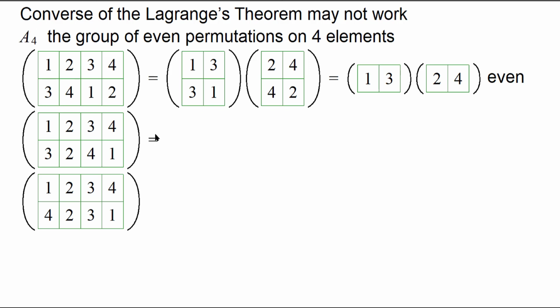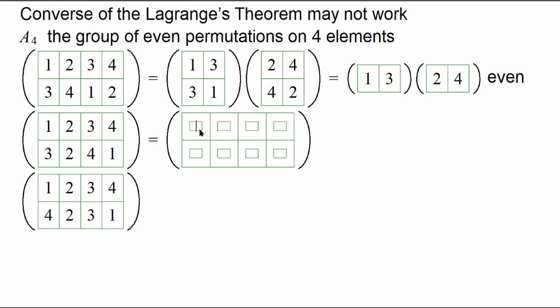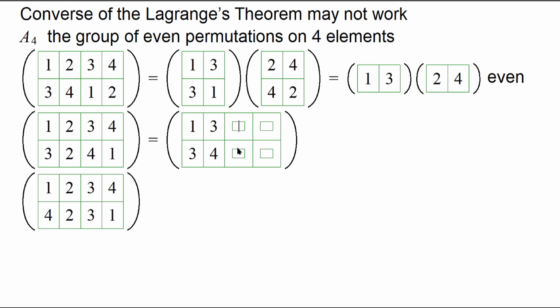Now let's look at this one here. We have 1 going to 3, then 3 goes to 4, 4 goes to 1, and 2 stays as it is, so we just ignore that.